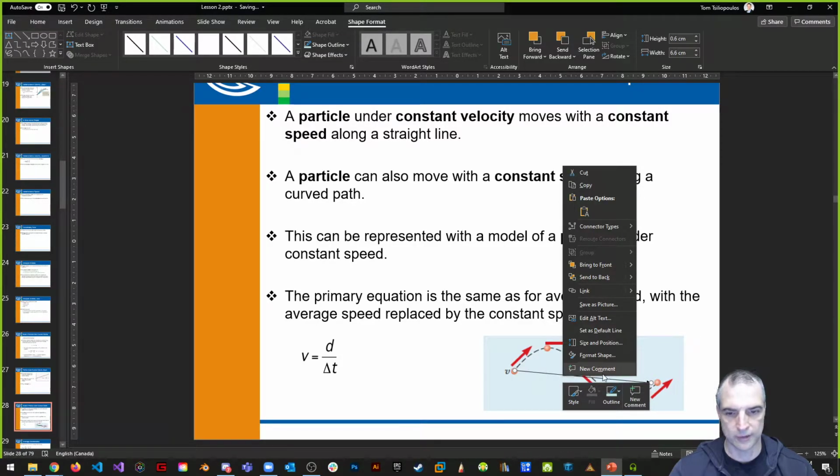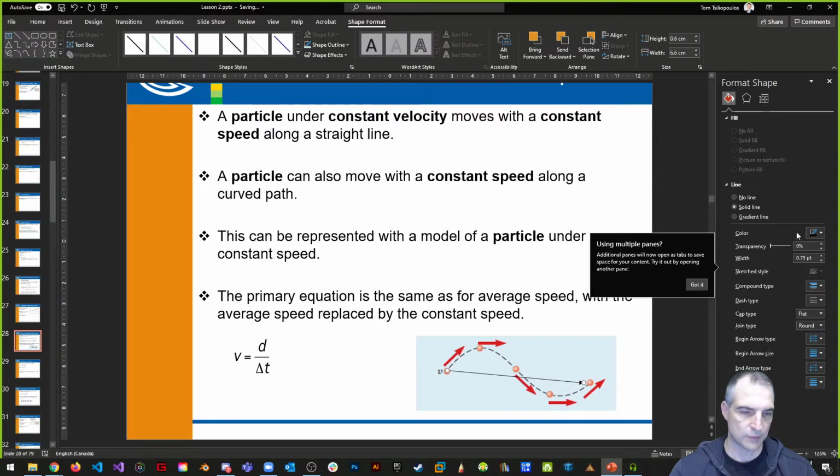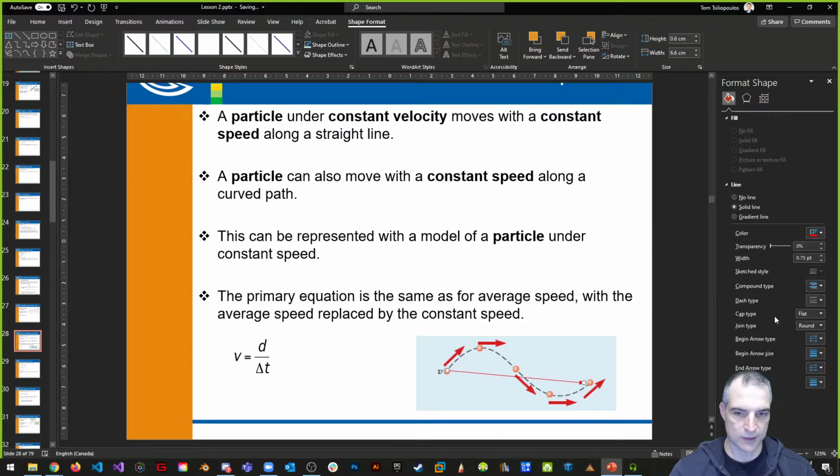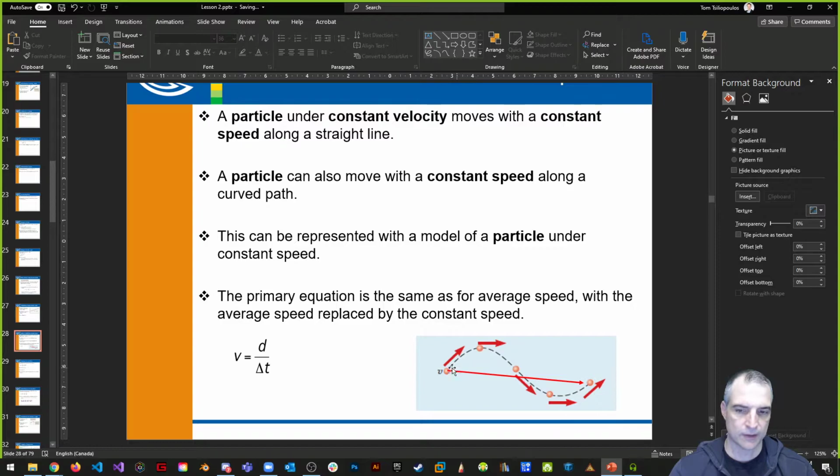So let's make that a different color, and we'll format the shape into something like a red color so we can see it, and we'll make it bigger. So again, if you think about this, we care about the displacement from here to here. We don't care about how it goes up and goes down. This is a waste of information for us when it comes to velocity.